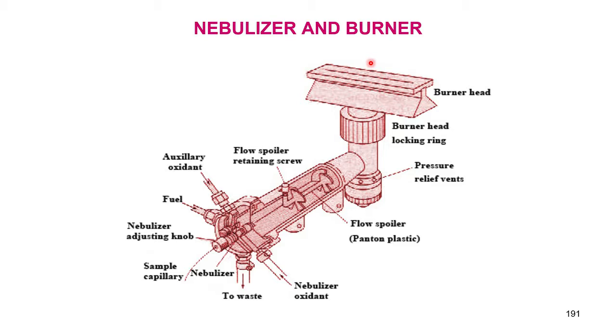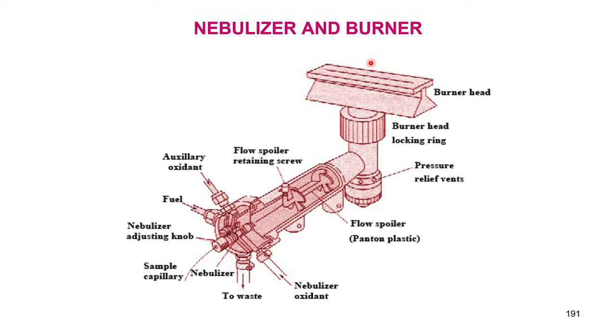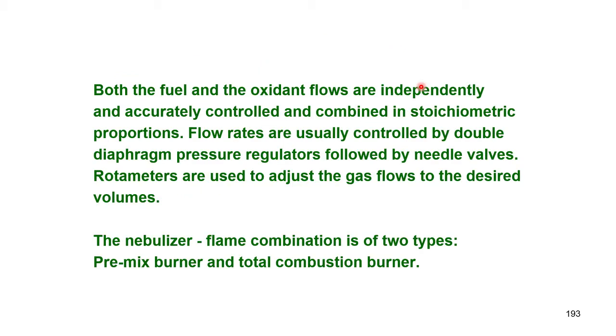Now, we go back to this, and the flow rates. The nebulizer flame combination is of 2 types. One is the premix burner and another is the total combustion burner. If you remember this top portion, this is the burner. In this burner there are 2 types, one is premix and another is total combustion burner.